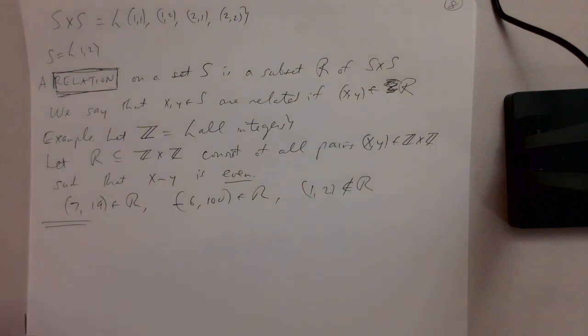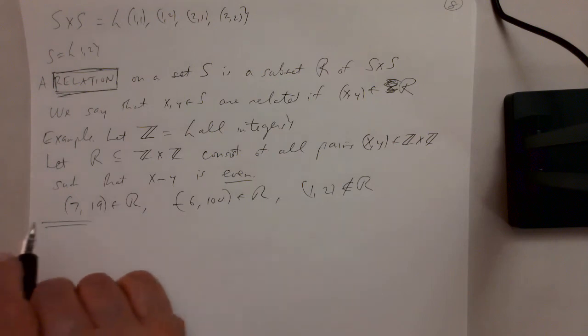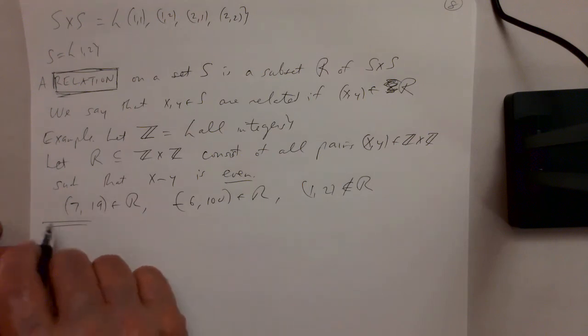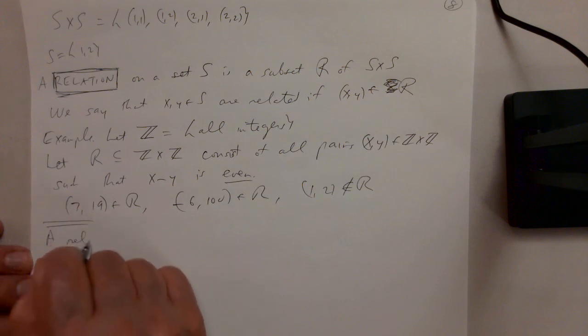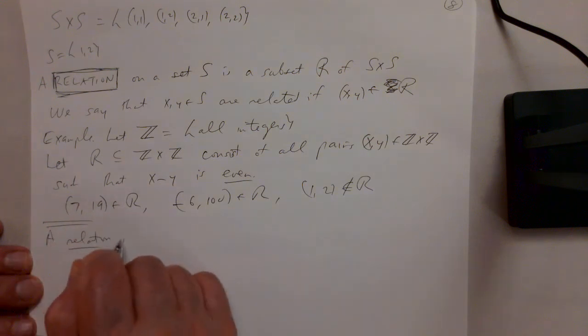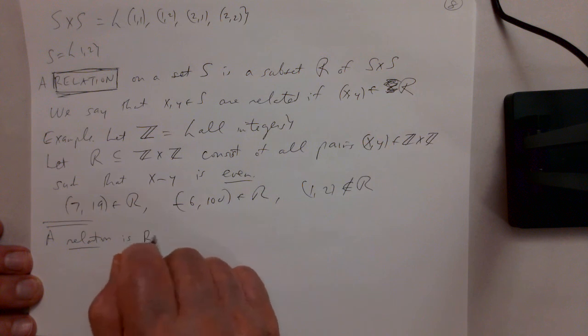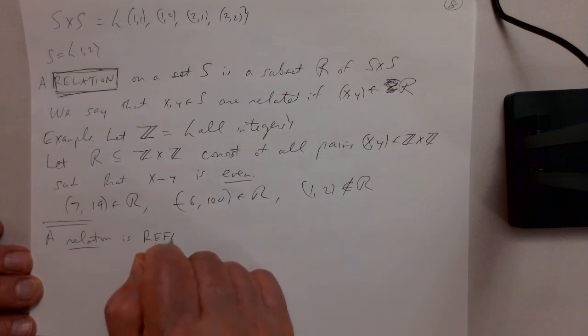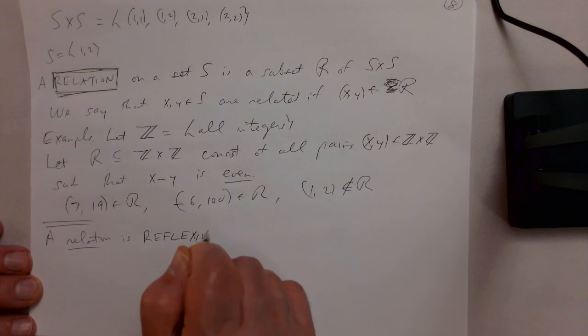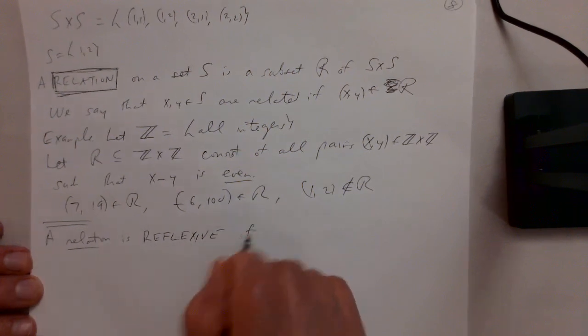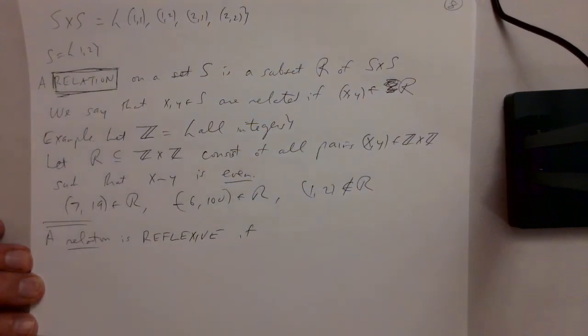And relations can have certain properties, or I should say maybe they do and maybe they don't. So one property of a relation is called being reflexive. A relation is reflexive if every element is related to itself.